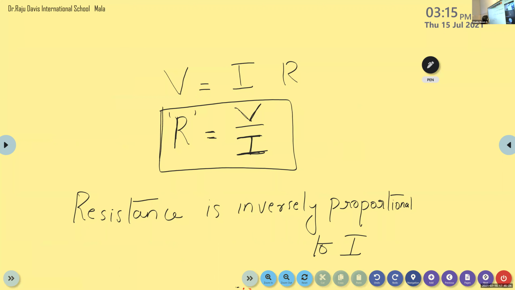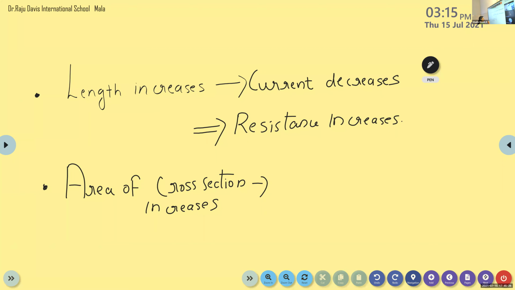So that is the second observation. If the area of cross section of the wire increases, current increases. Then can you guess what happens to our resistance in this case? According to Ohm's law, here current increases, then what happens to our resistance?